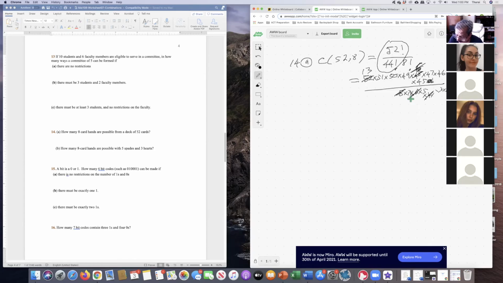Okay, so 5 only cancels with the 50. So 5 cancels the 50 into 10. Okay, 10 there. And then 3 will divide 46? Nope, not 46. Not 47. 51. 3 divides the 51 into 17.